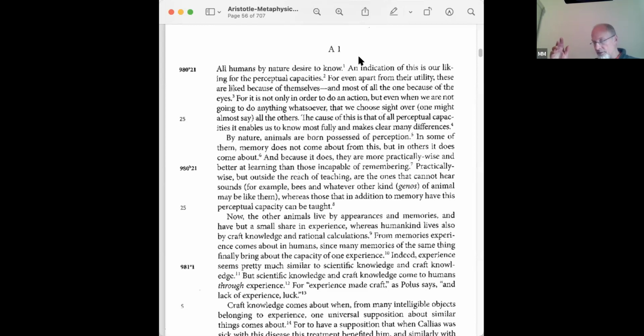I don't want to go too far into this knowledge thing, because this can be a pretty confusing text, and I'd rather talk about it after we've gotten more information about knowledge. I did want to point out the very last sentence that Mike read: why do we prefer sight? We prefer sight because it enables us to know most fully. And what does that mean? It makes clear many differences.